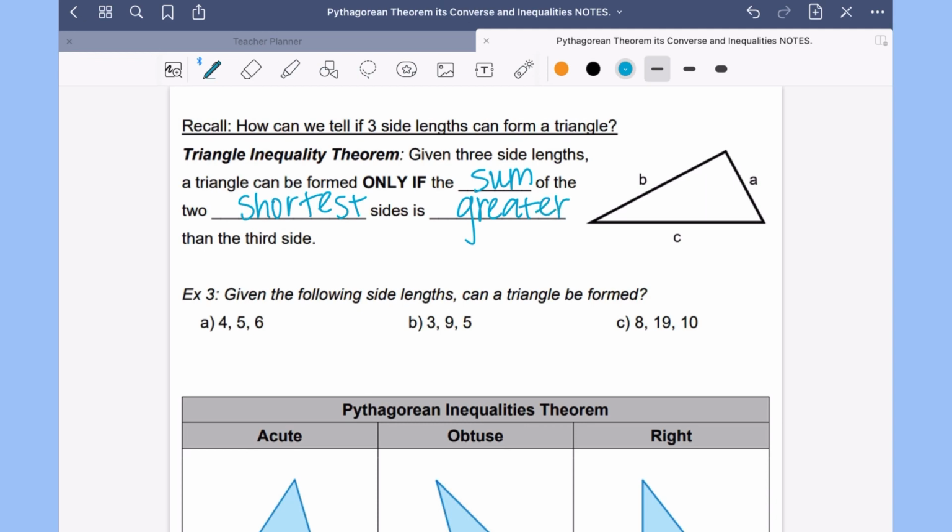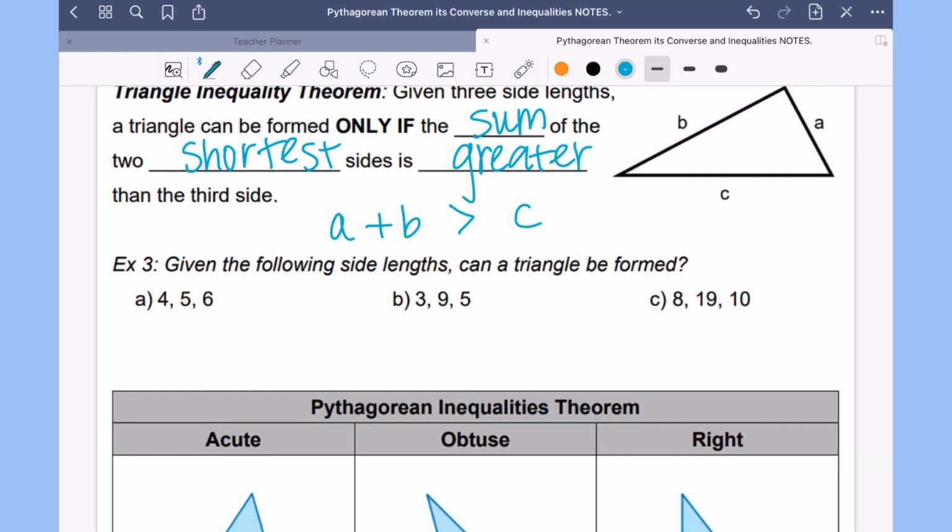So what does that mean? It means that in this triangle, A plus B should be greater than C. Okay? And then you get some numbers and you test it out. So it's just addition. So here, this is A, B, C. So is 4 plus 5 greater than 6?